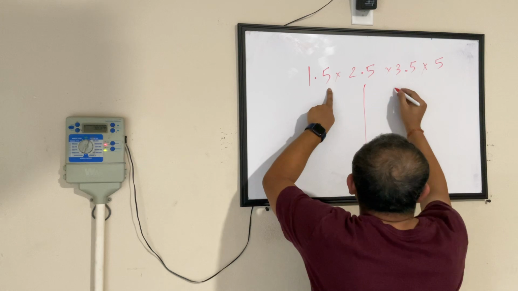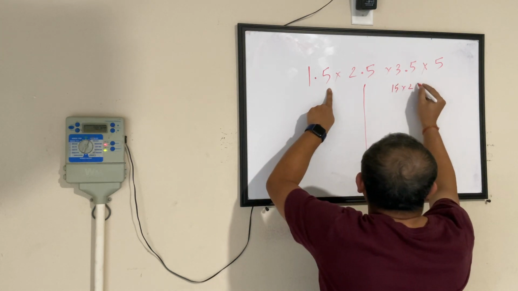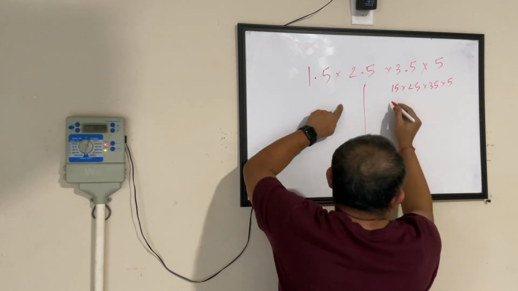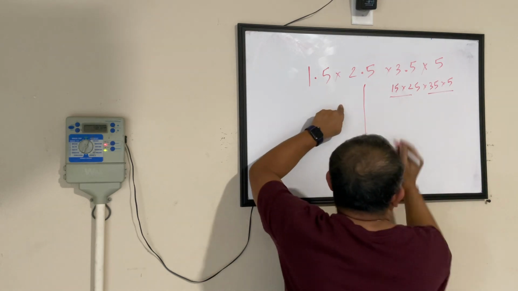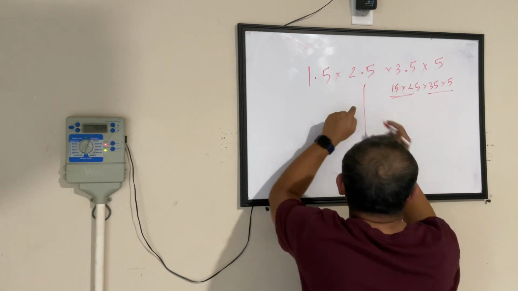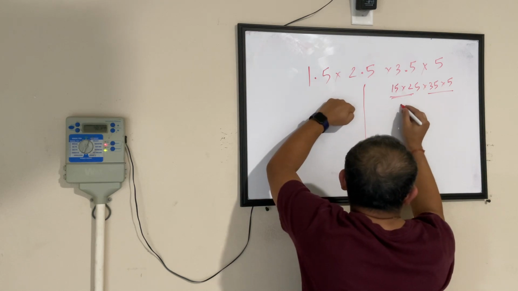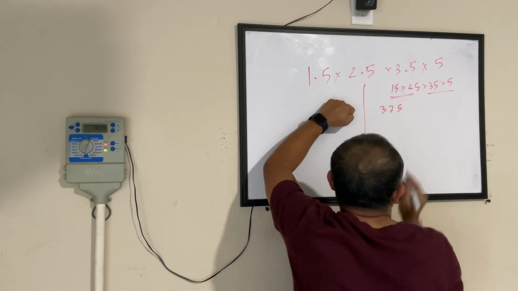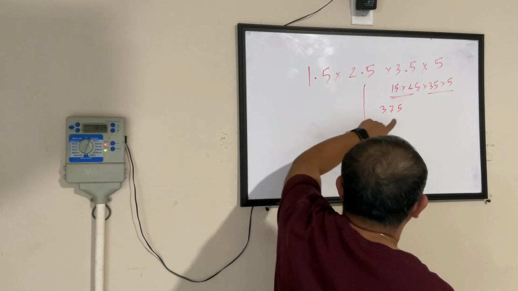Now this one, 15 into 25 into 35 into 5. So what I will do is, I will multiply these two numbers, 15 and 25, to save some time. So 15 times 5 is 75, 15 times 2 is 30 plus 7, 375.